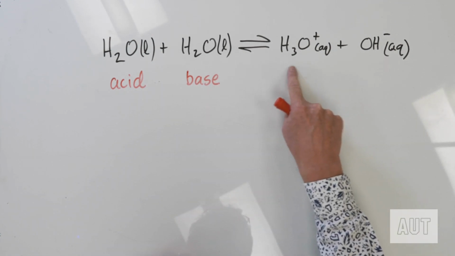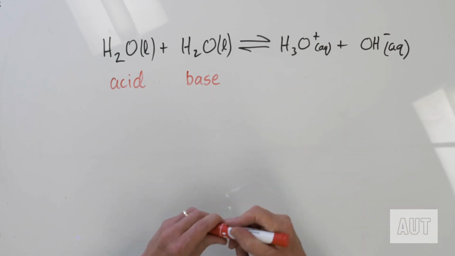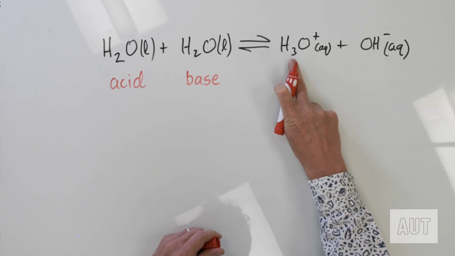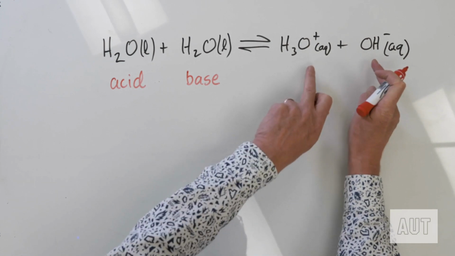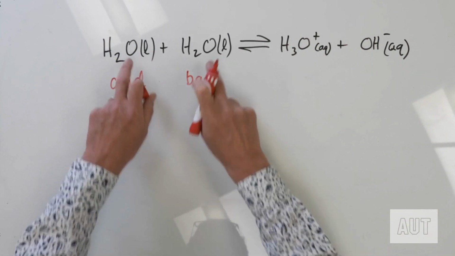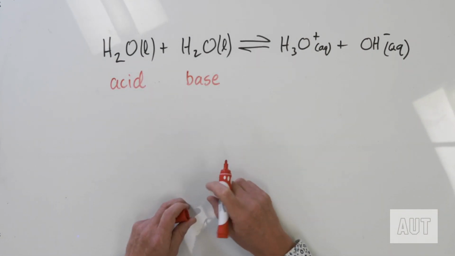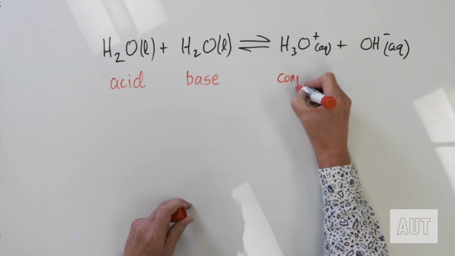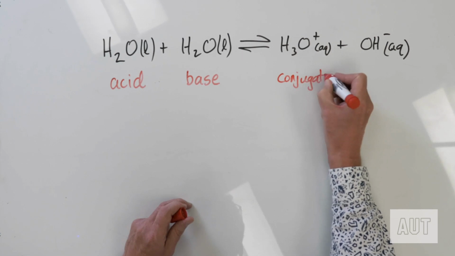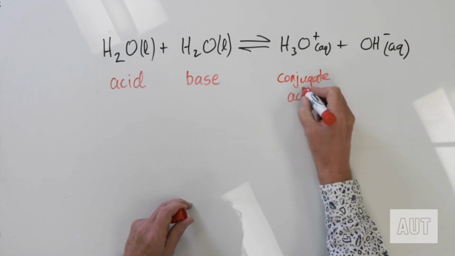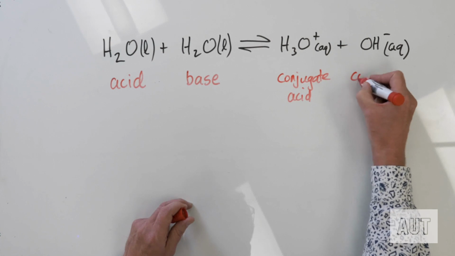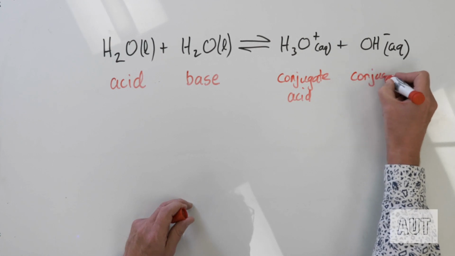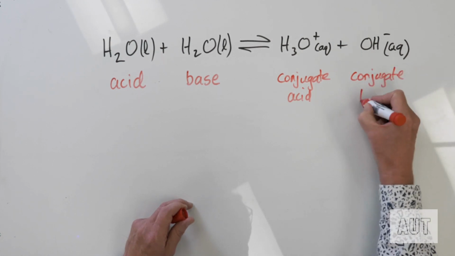You can see here, this is going to act as an acid and donate a proton to OH- to get the reverse reaction going and give you 2 moles of water. Now this has a special name. This is certainly an acid. It is called the conjugate acid. And this one is a base. It has a special name, a conjugate base.